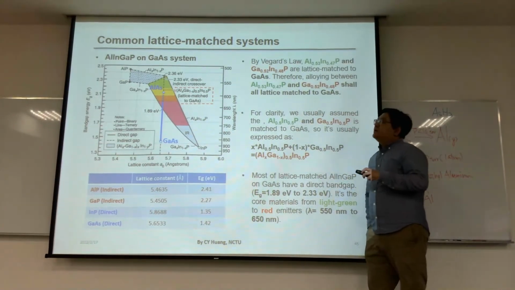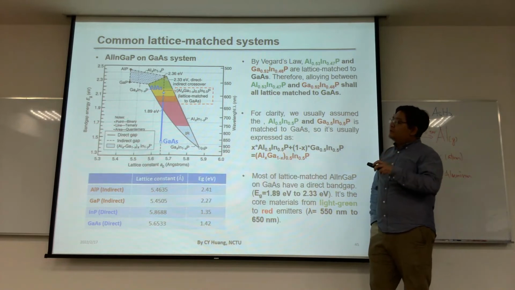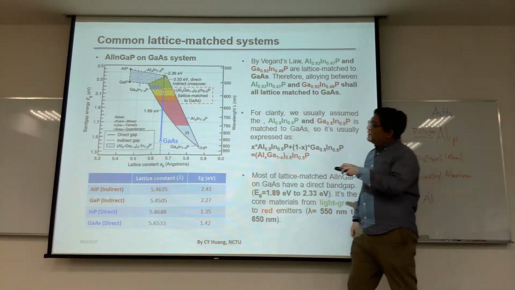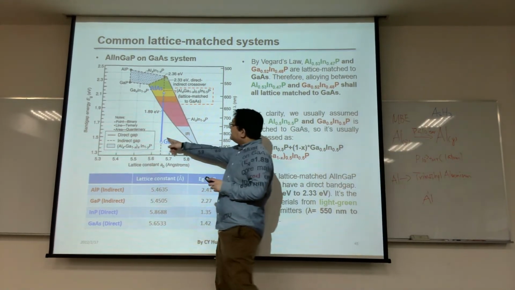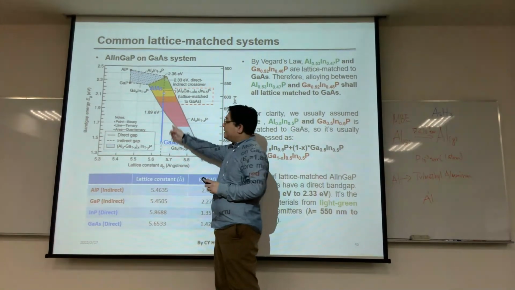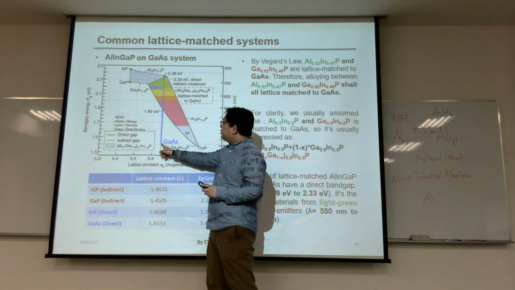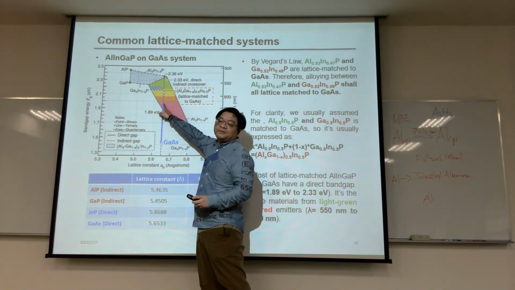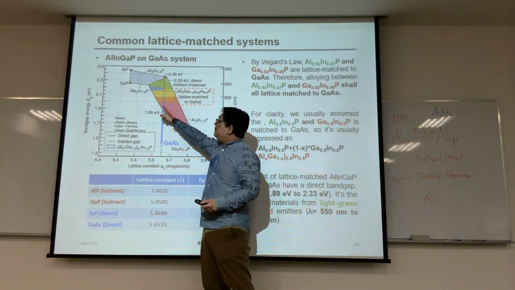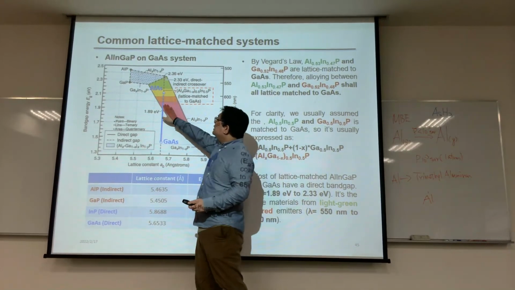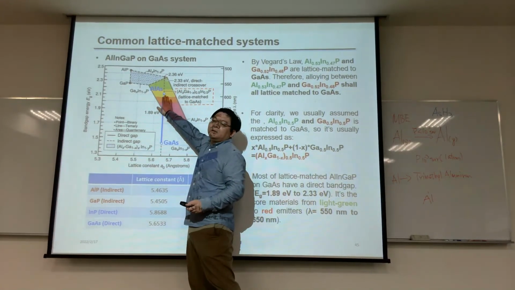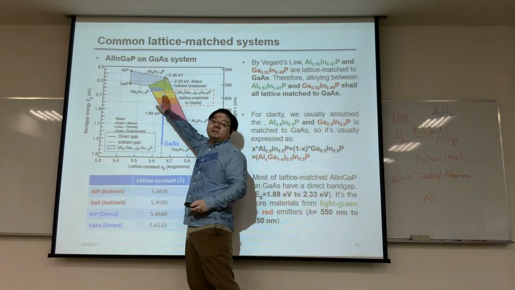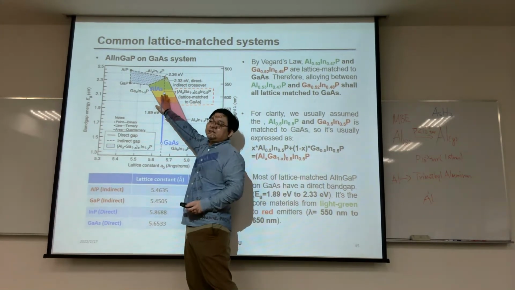For the GaAs and AlGaAs material, the direct band gap range is from 900 nanometer to 650 nanometer. A device with a wavelength shorter than that would need indirect band gap material, which is out of the design space.